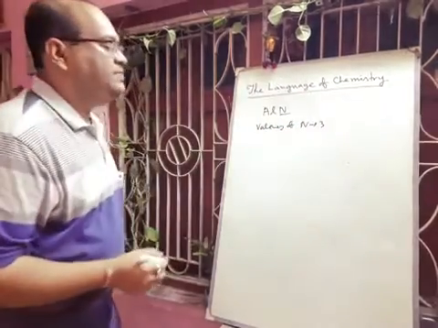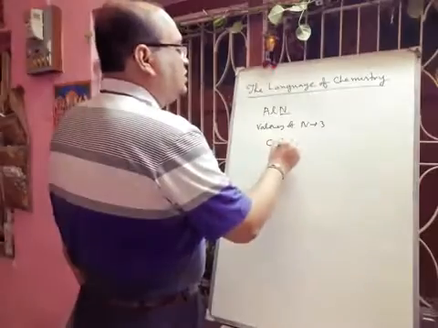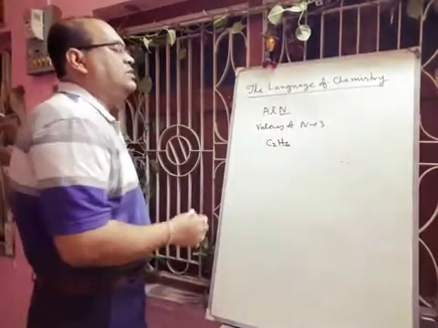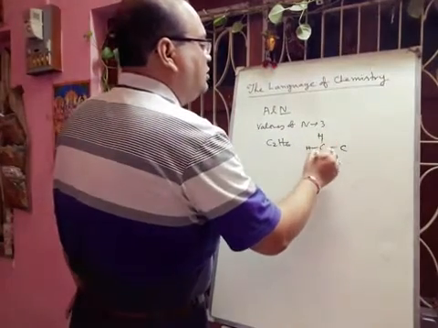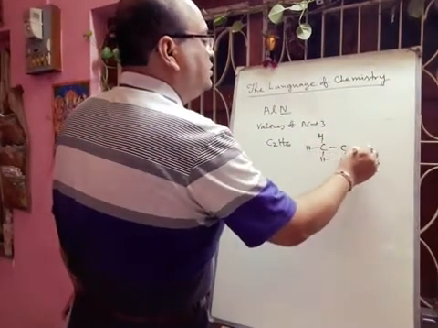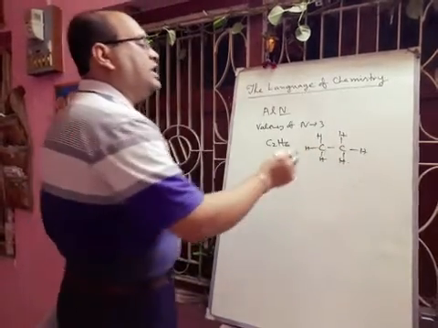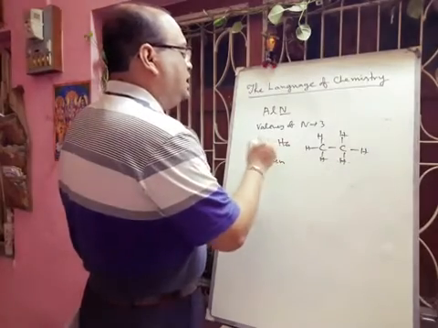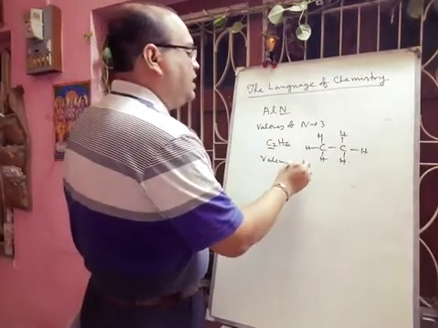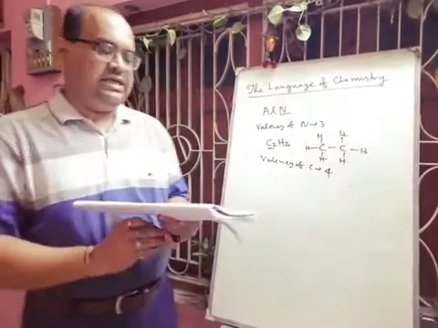Suppose I give a compound like C2H6, so carbon is there. If we write the structure, you can understand this is the ethane molecule. Here carbon is attached with 4 other atoms, so the valency of carbon will be 4 here. In this way you have to write the answer.